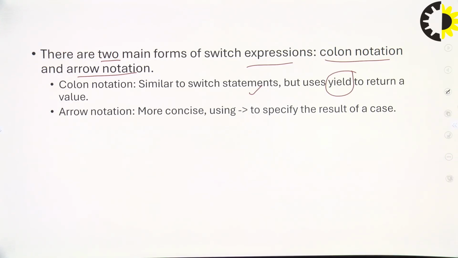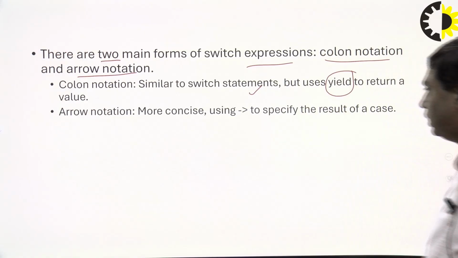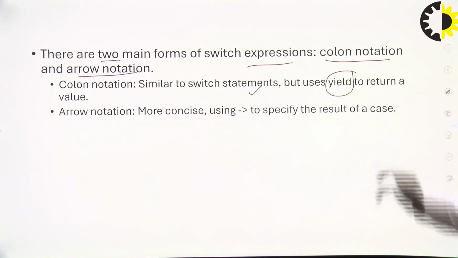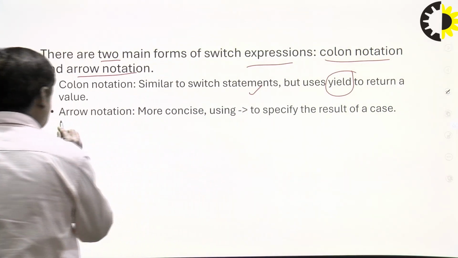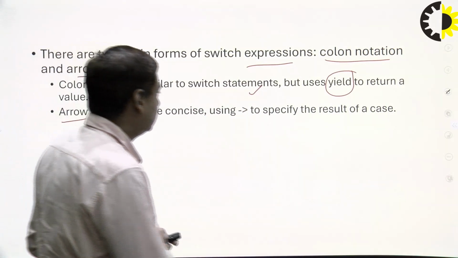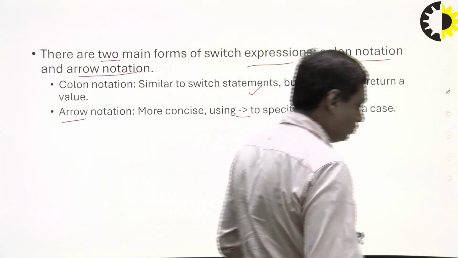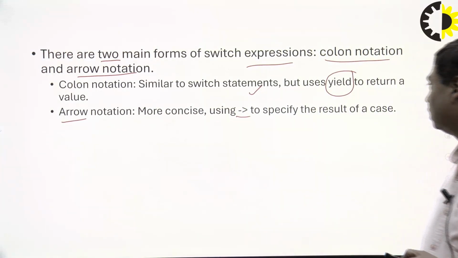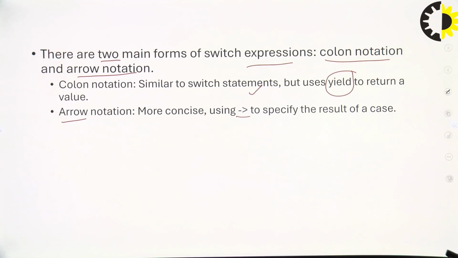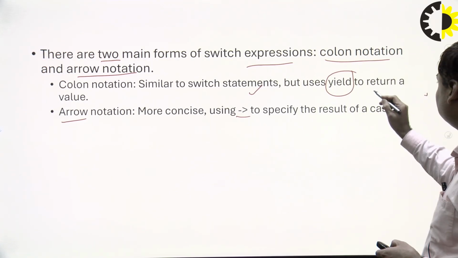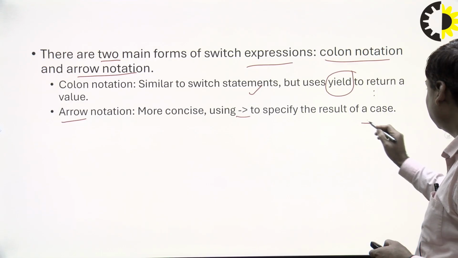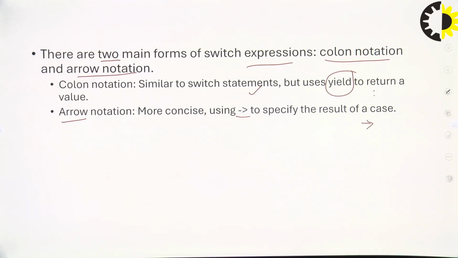It is used in place of break, but it has the capability to return a value. The second is arrow notation, where we use an arrow to specify the result of a case. So we have two different categories, colon notation and arrow notation. Both forms we will discuss.